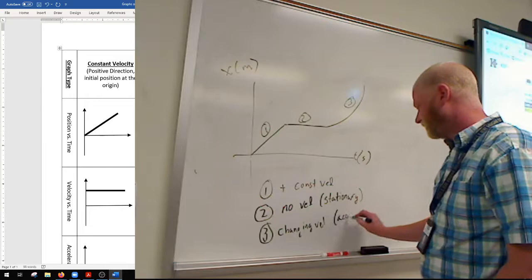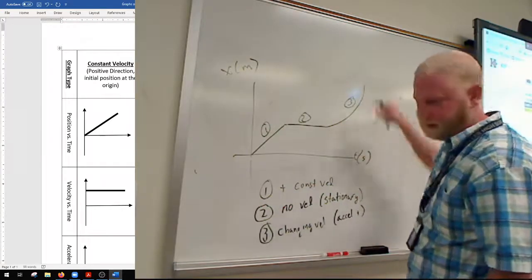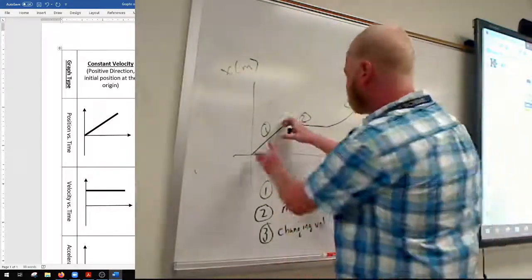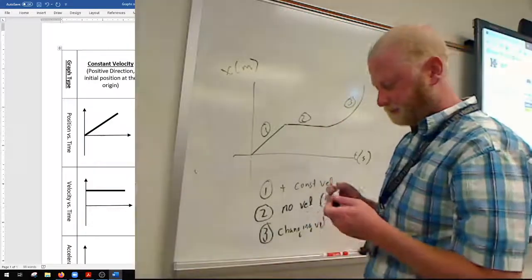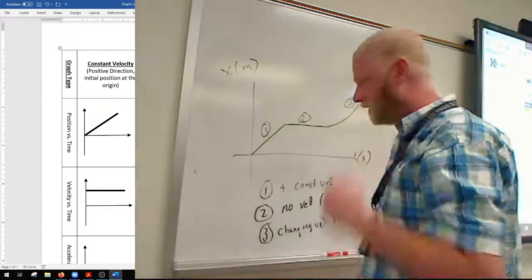And your acceleration is positive. Right? So you've got an object speeding up. Right? So using that cheat sheet, you can break more complex graphs into small sections and determine what's happening over each period of time.